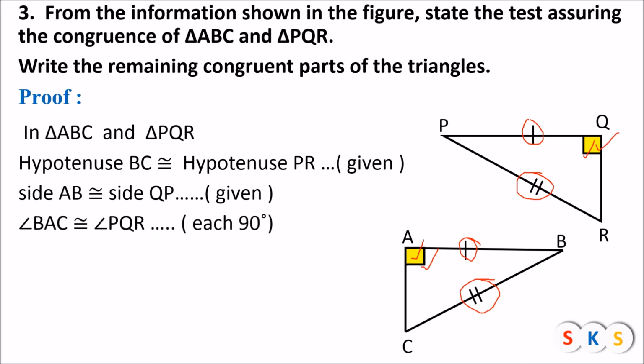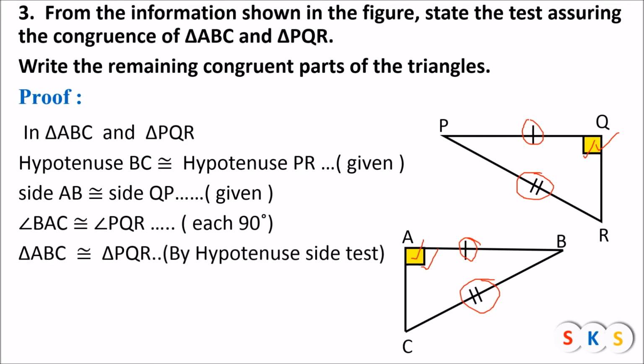Therefore triangle ABC is congruent to triangle PQR by the hypotenuse side test. So I have proved it over here. These two triangles are congruent by the hypotenuse side test. First it was asked to find out by which test these two triangles are congruent, right? So these two triangles are congruent by the hypotenuse side test.